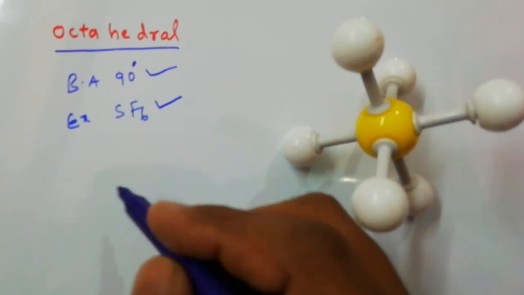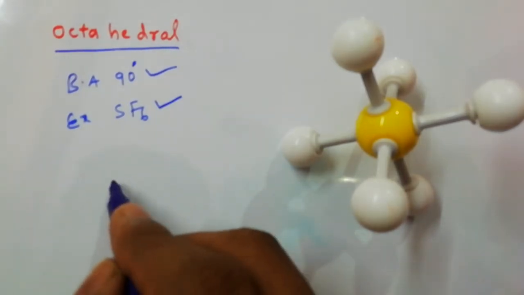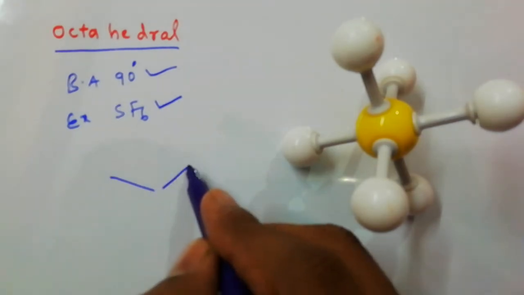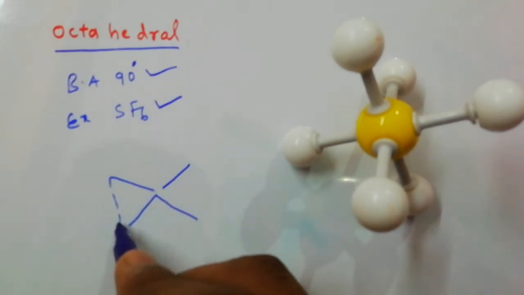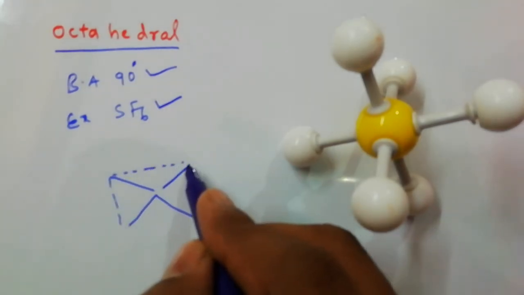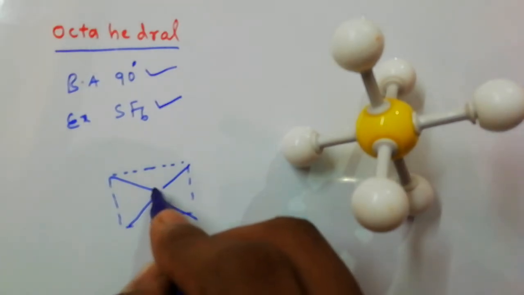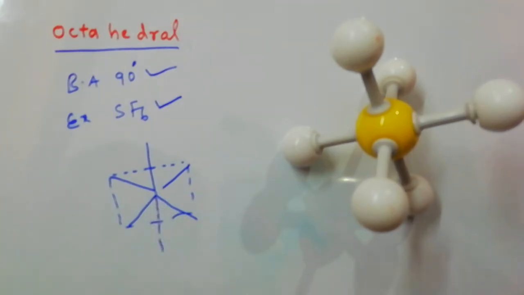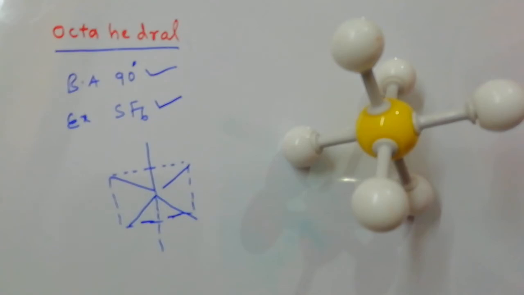The electron pair arrangement is something like this: the four bonds are in the plane, square planar like this, and another bond above the plane and another electron pair below the plane. In this way the octahedral structure exists.